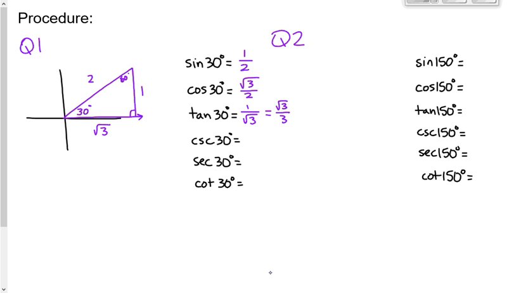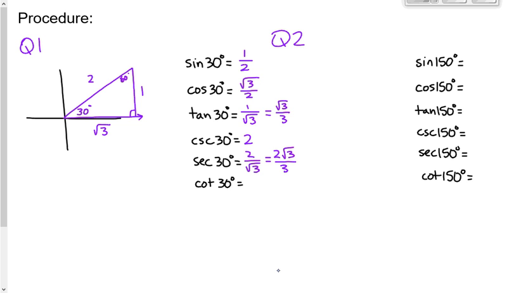So instead of opposite over hypotenuse, do hypotenuse over opposite, and you get 2. Secant is the reciprocal of cosine. So instead of adjacent over hypotenuse, you do hypotenuse over adjacent. That gives you 2 over square root 3, and that needs to be rationalized. So when you multiply the top and bottom by square root 3, you're going to get 2 square root 3 over 3.